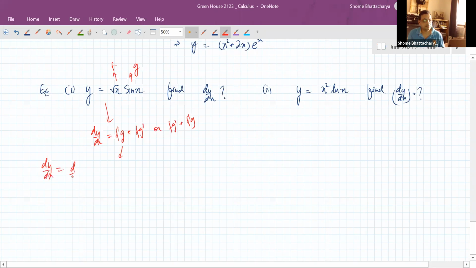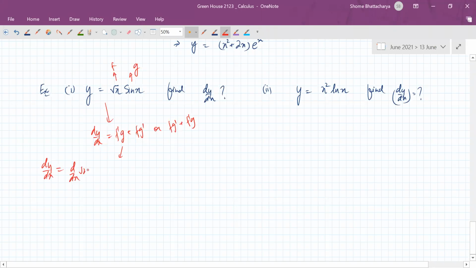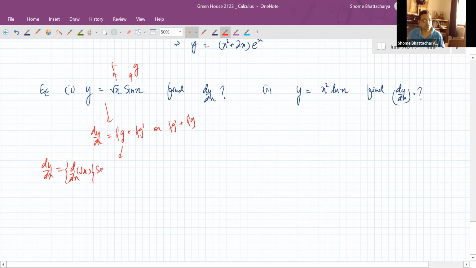It is differentiation of root x multiplied with sin x, plus root x multiplied with differentiation of sin x. Differentiation of root x, you know, is 1 by 2 root x, and differentiation of sin x, you know, is cos x.